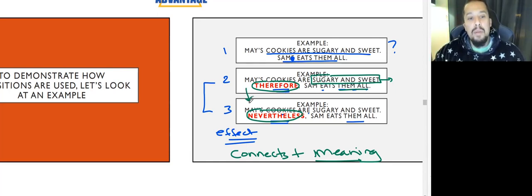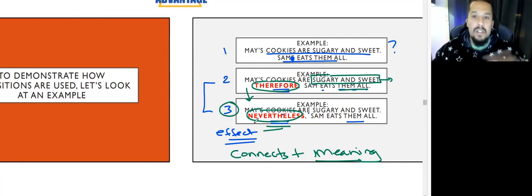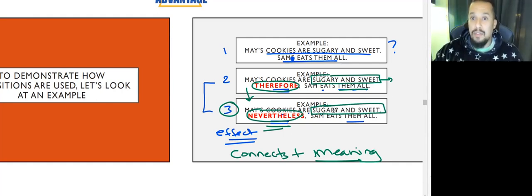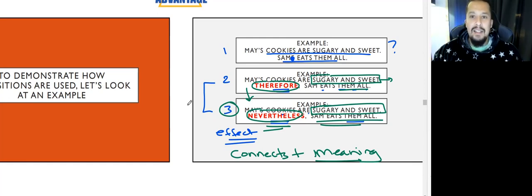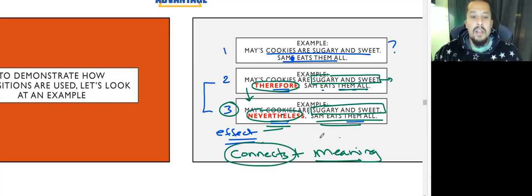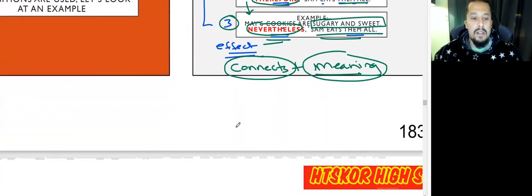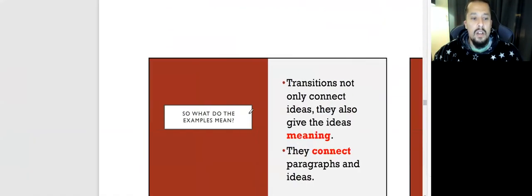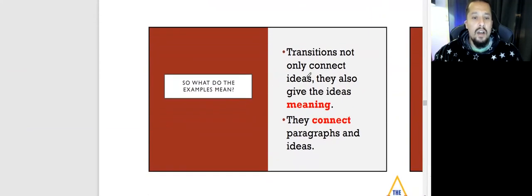However, in example number 3, nevertheless gives us a totally different meaning altogether. Because the cookies are sugary and sweet, which is a bad thing, nevertheless, Sam eats them all. So despite the cookies being too sugary, too sweet, Sam still eats them all. So transitions connect ideas and also complete their meanings.